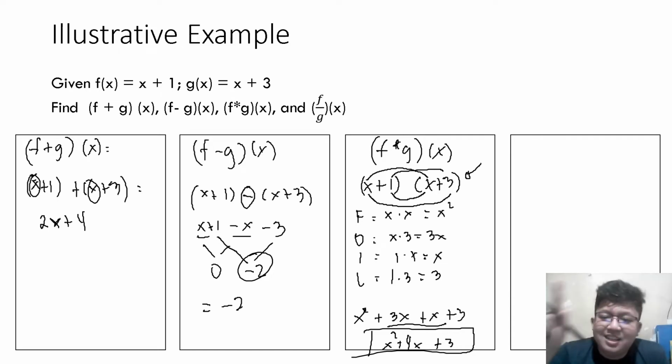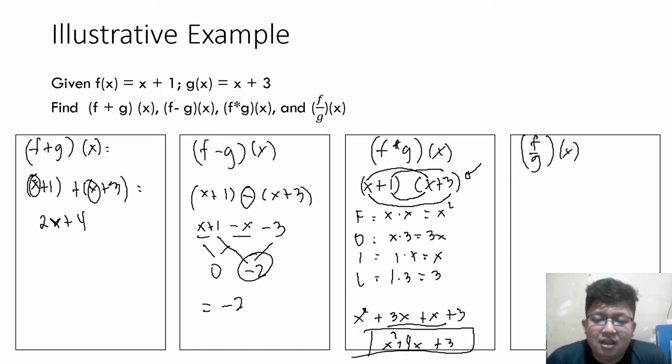Okay. So division naman tayo. So we have the f over g of x. Okay. So in this one, again, we have to follow this. F of x over g of x, right?